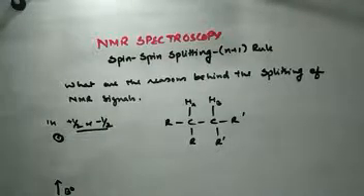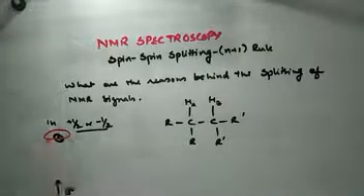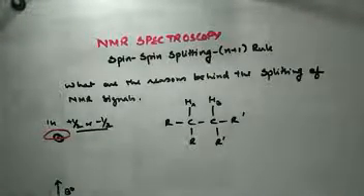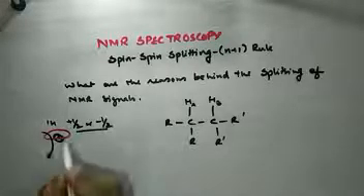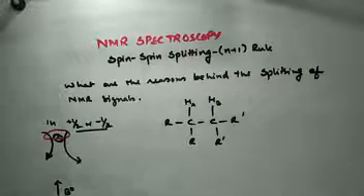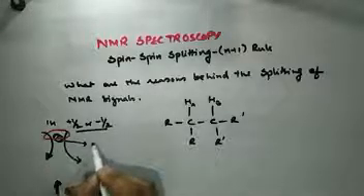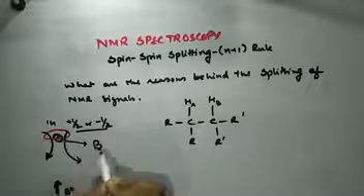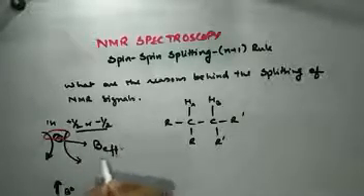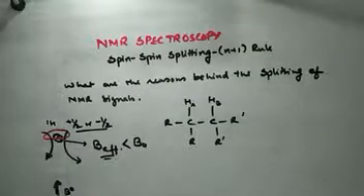Also, whenever there is an electronic cloud surrounding the proton nucleus, this also generates a magnetic field of its own, which opposes the externally applied magnetic field. So the nucleus effectively gets a magnetic field, B effective, which is lesser than the applied magnetic field. This is the normal NMR theory.